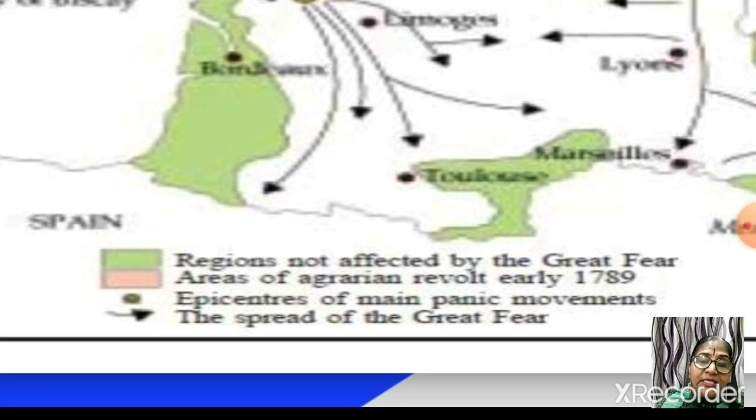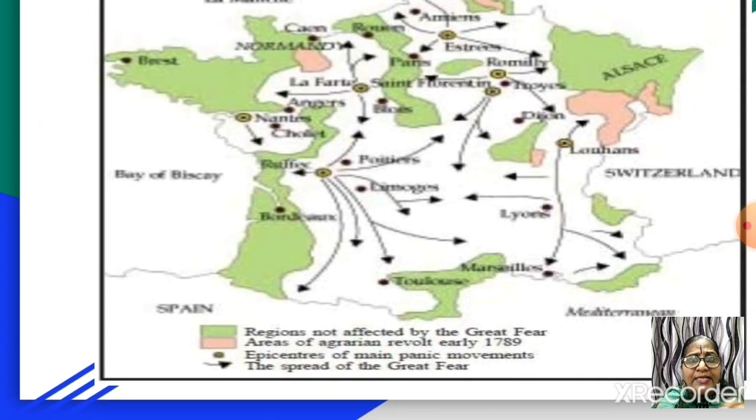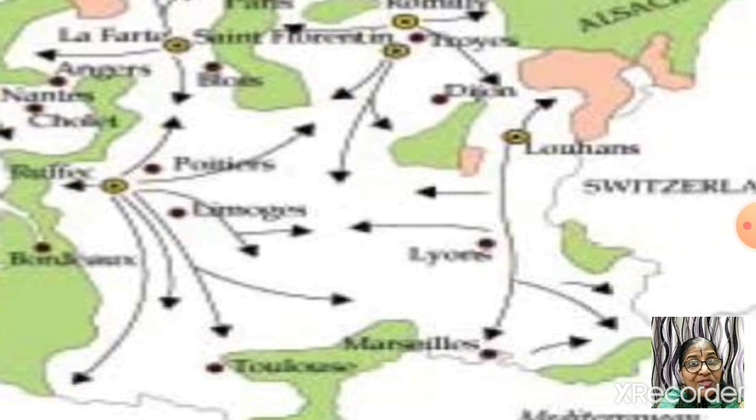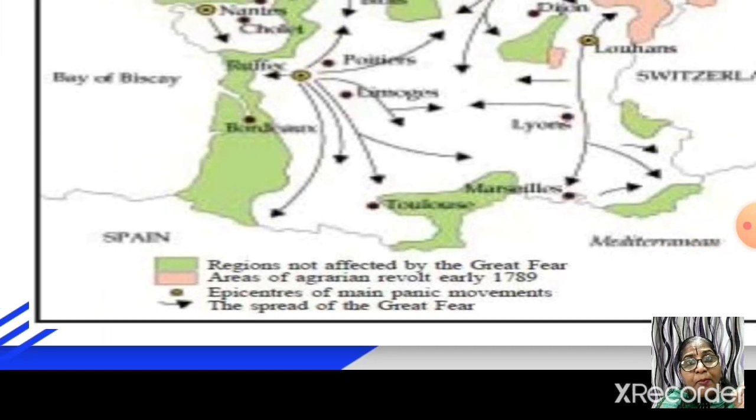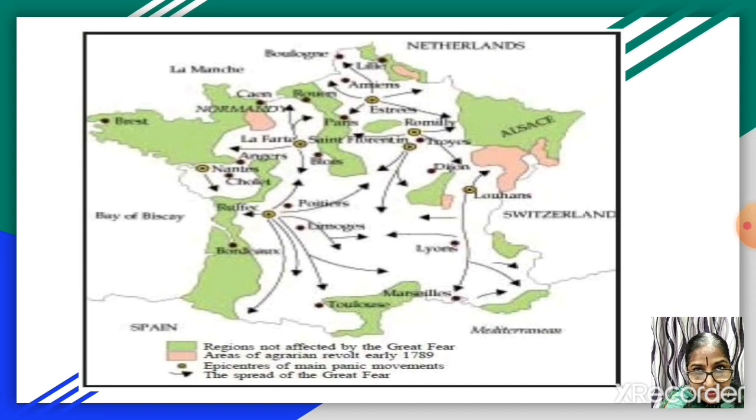This pink shaded area tells us about the agrarian revolt early in 1789. There is a bubble circle, that is the epicenter of the main panic movements. And those arrows tell us how the Great Fear has spread from that particular epicenter to different parts of the country. Can you see this? Yeah, very good.